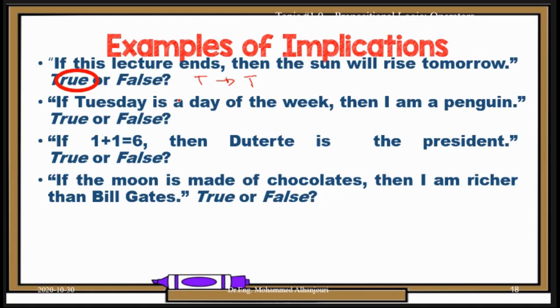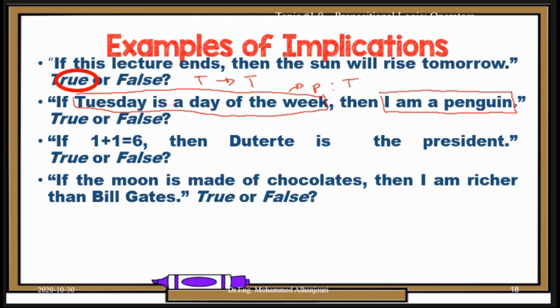Doon tayo sa pangalawa. If Tuesday is a day of the week, kunin natin tong statement na to. This is P. Tuesday is a day of the week, and this is true. Then, I am a penguin. I am your teacher. I am not a penguin. Are you a penguin? No. So this is Q, and it is false.